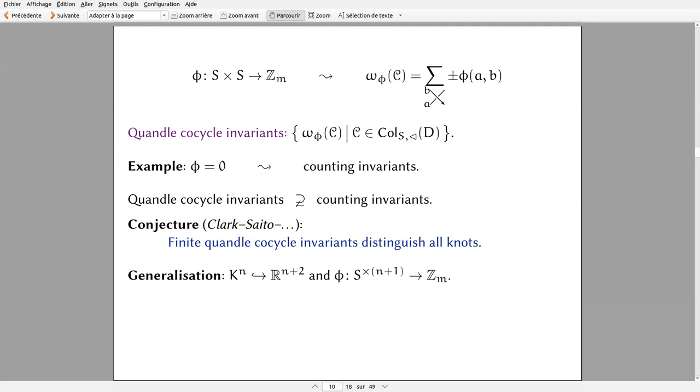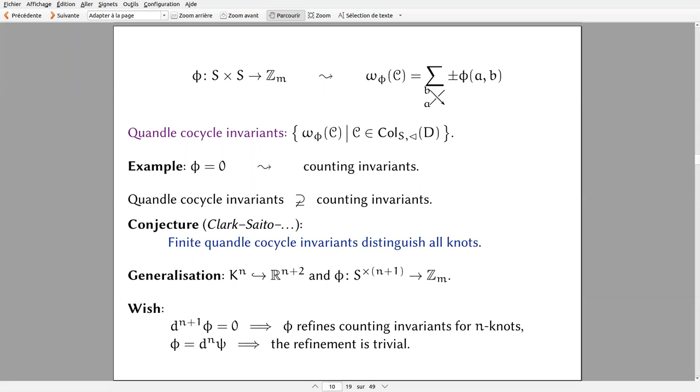For this, you'll also have to consider these multiple crossing points, and you'll need some maps phi which take n+1 inputs in S and have one output in the integers modulo M. What we would like is to organize the conditions we need for the map phi to be topologically reasonable in a proper way.